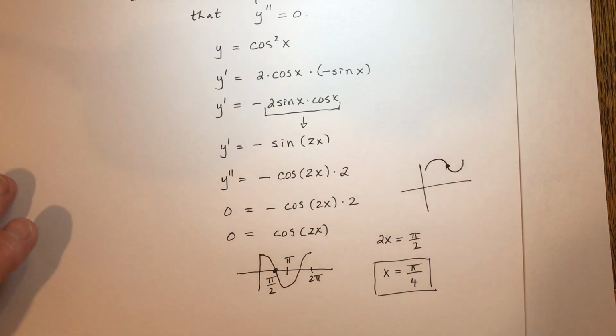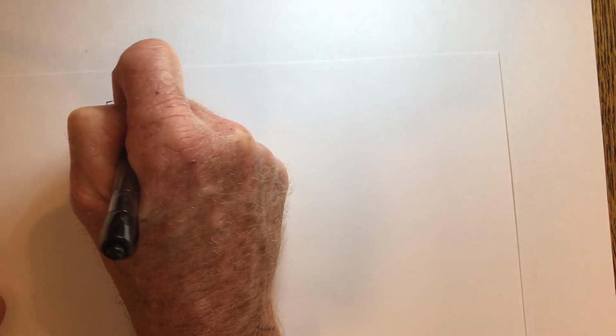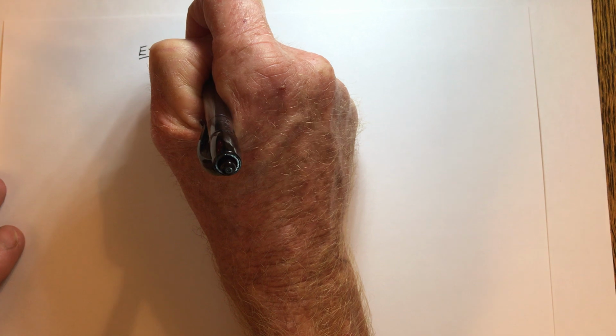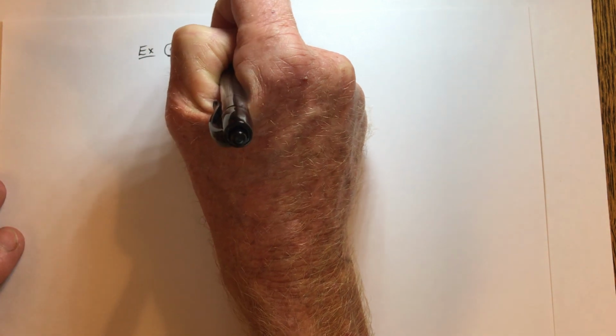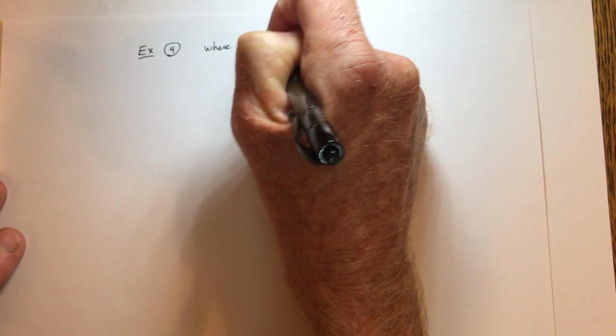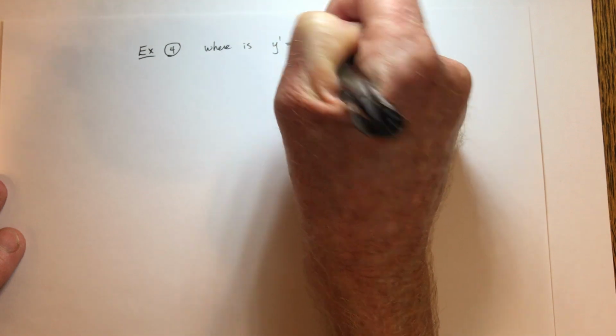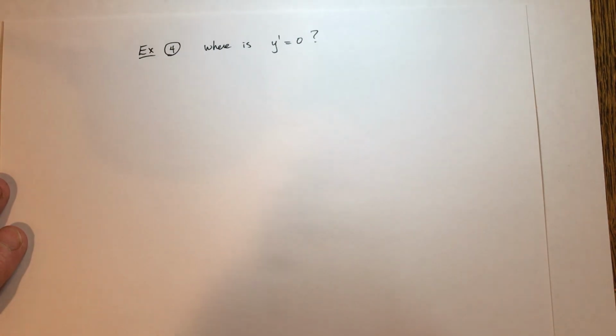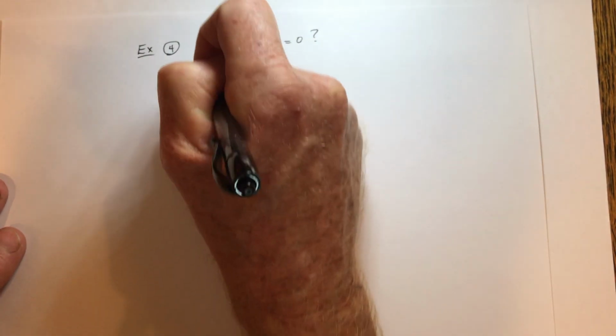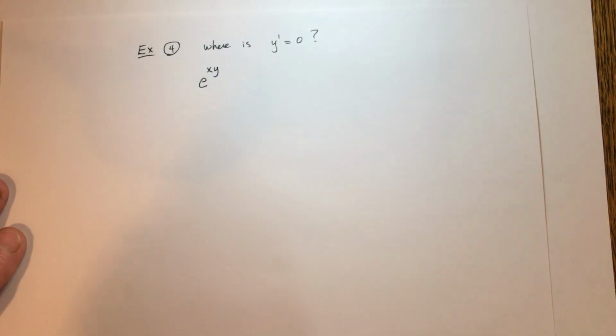Now, example number 4. This is going to use implicit differentiation. So again, find one value so that the derivative equals 0. And believe it or not, this one is not going to have trigonometry.